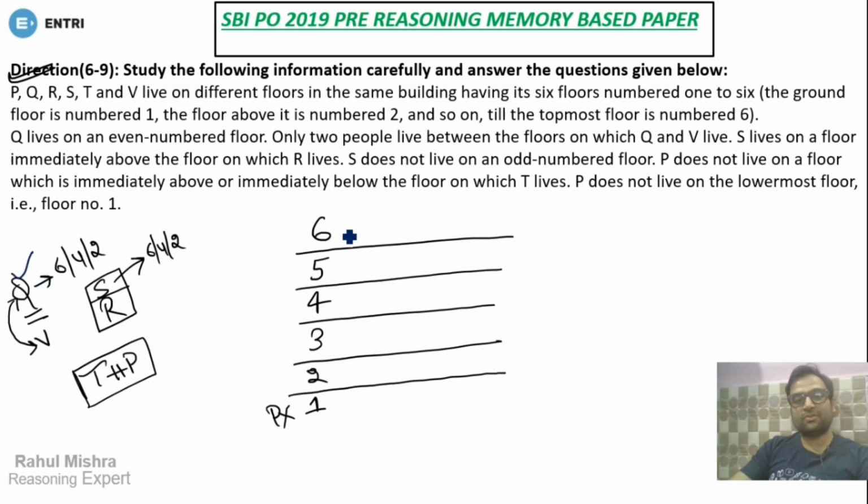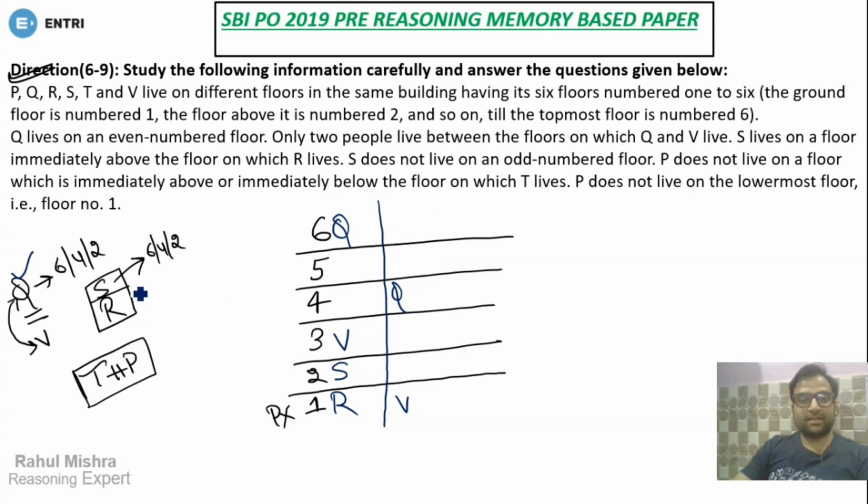Let us assume Q is on the 6th floor. Between Q and V there are 2 persons, and S is also on an even numbered floor and just below S, R is there. So this condition is satisfied over here, that is S will be on second and R will be on the first. Now the next condition can be Q on 4th floor, V can be on the first floor, V cannot be on the 6th floor.